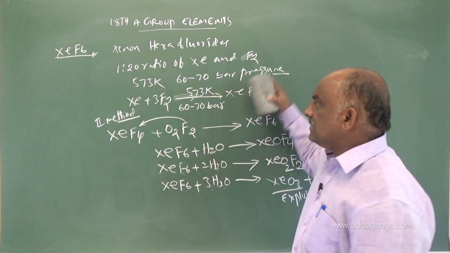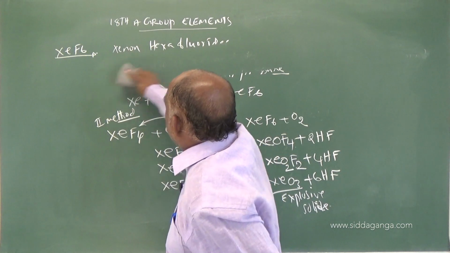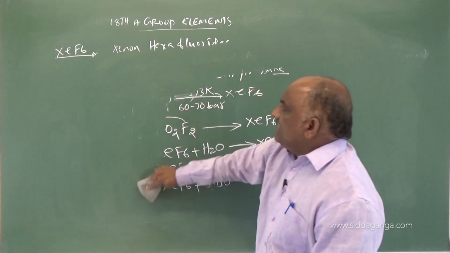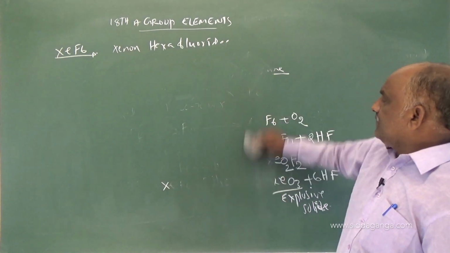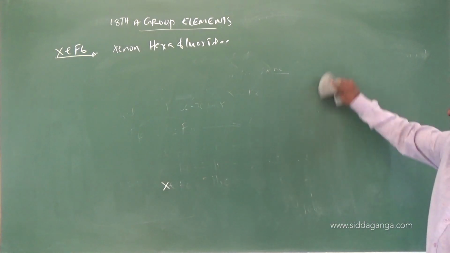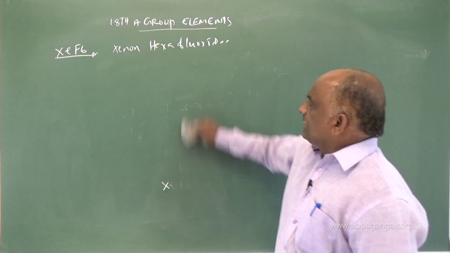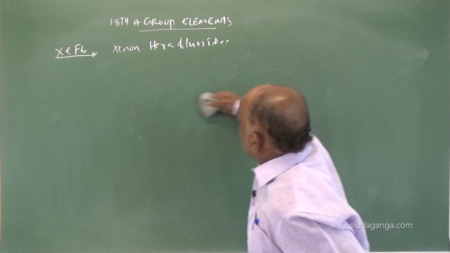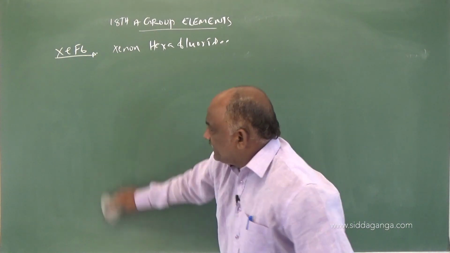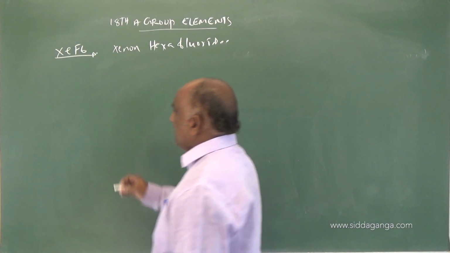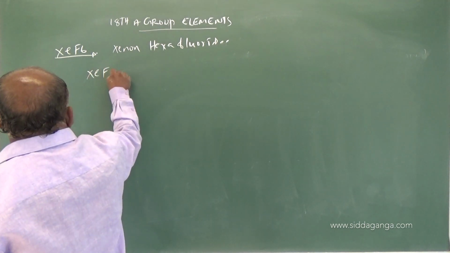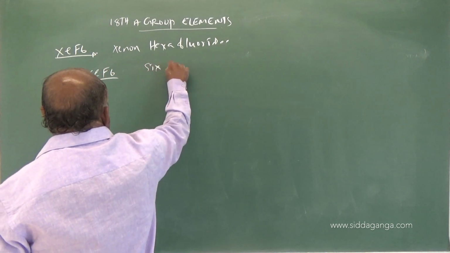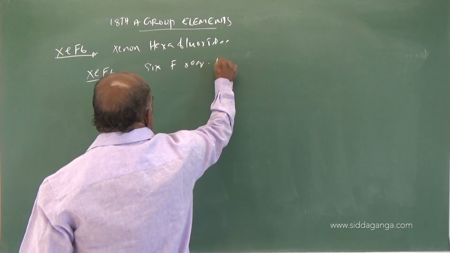And next one is the shape of the molecule. What will be the geometry of the molecule? XeF6 geometry. 6 F required, 6 unpaired.